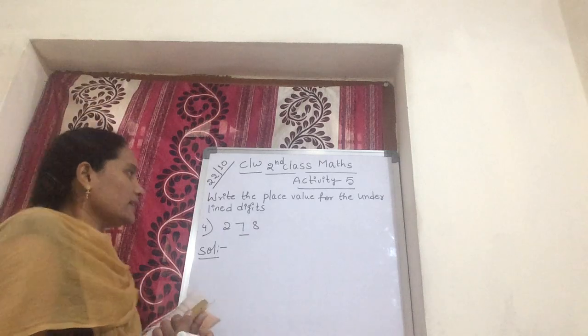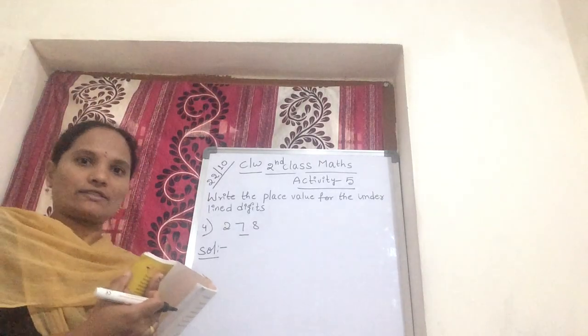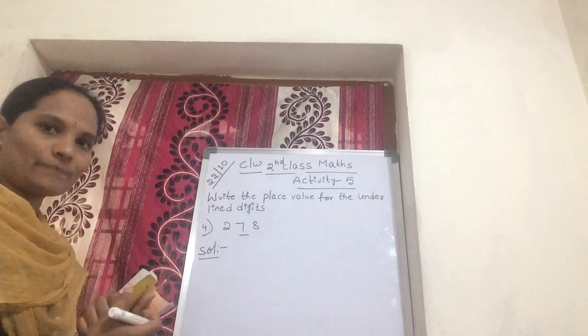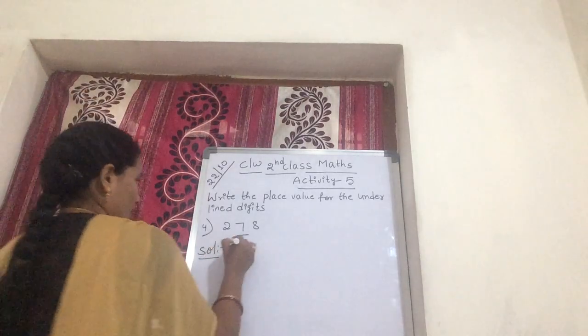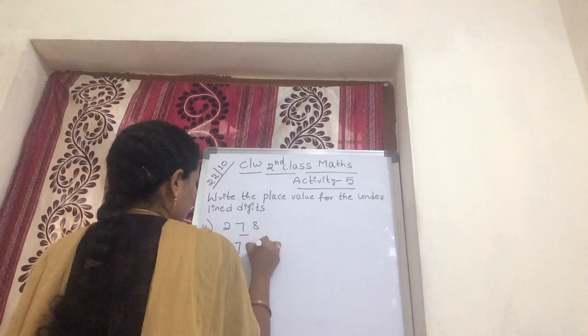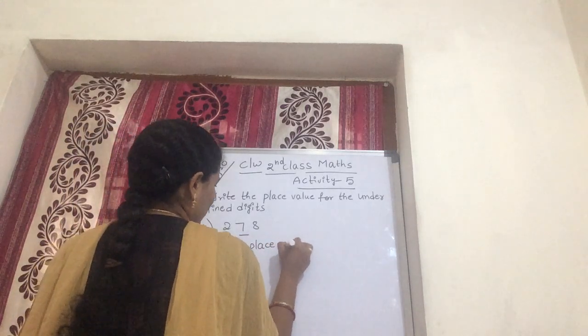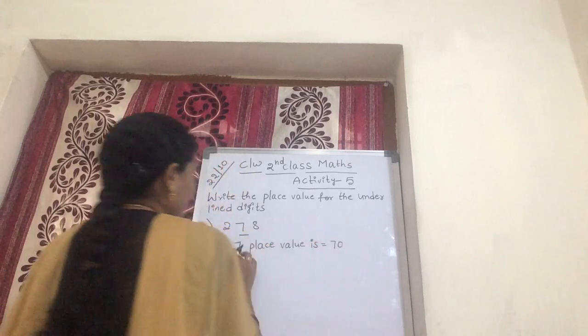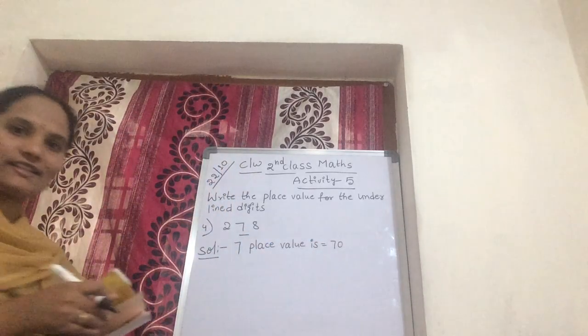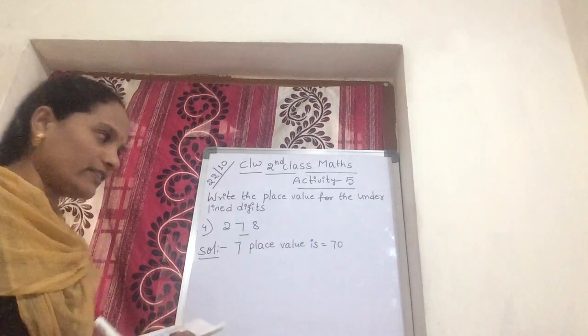The tens place. So what is the place value of 7? 70. 7's place value is 70 because this is in the tens place.